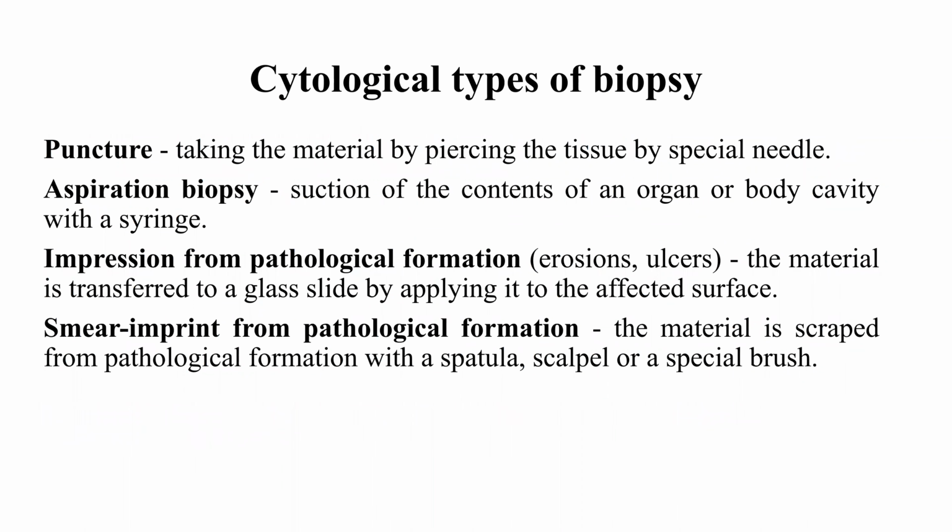Cytological types of biopsy: puncture is often used for taking liquid from the abdominal or pleural cavity, as aspiration, and from some internal parenchymatous organs like kidney, liver, or thyroid gland.